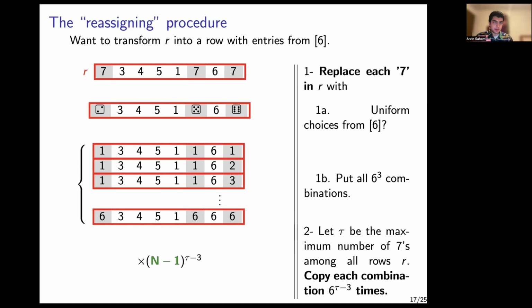So the general idea is that each row should produce the same number of rows in the new orthogonal array. Then I'm going to put all these ensembles together to get a huge matrix, which will be my new orthogonal array.